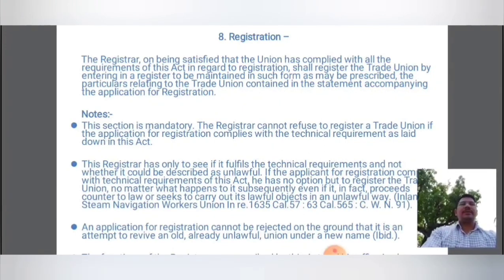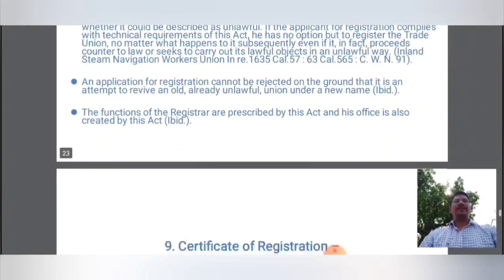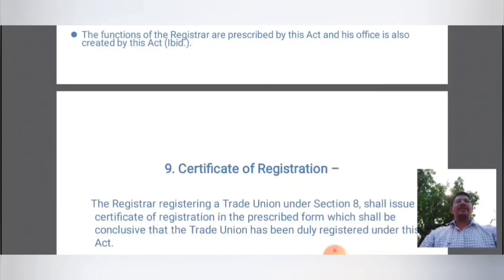The next point in the notes is that the registrar cannot refuse registration of a trade union in case of compliance with the technical requirements laid down in the act. So the registrar has a major role in formation and giving a kind of complete certification.